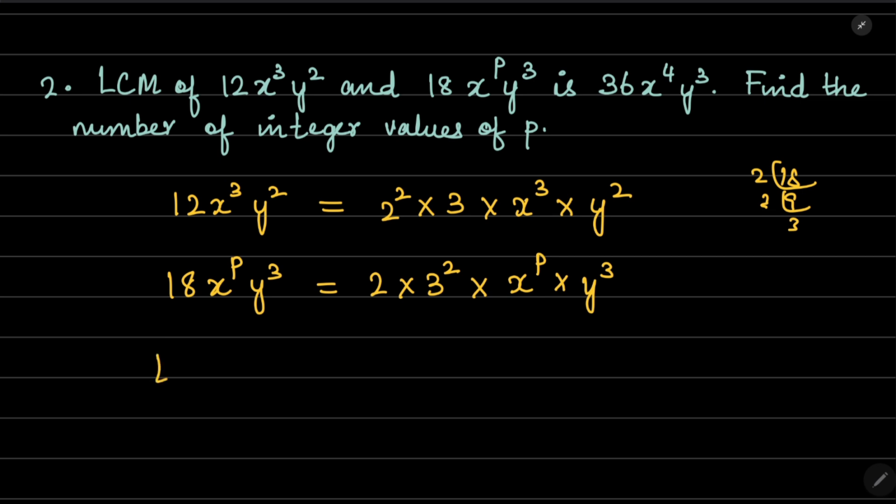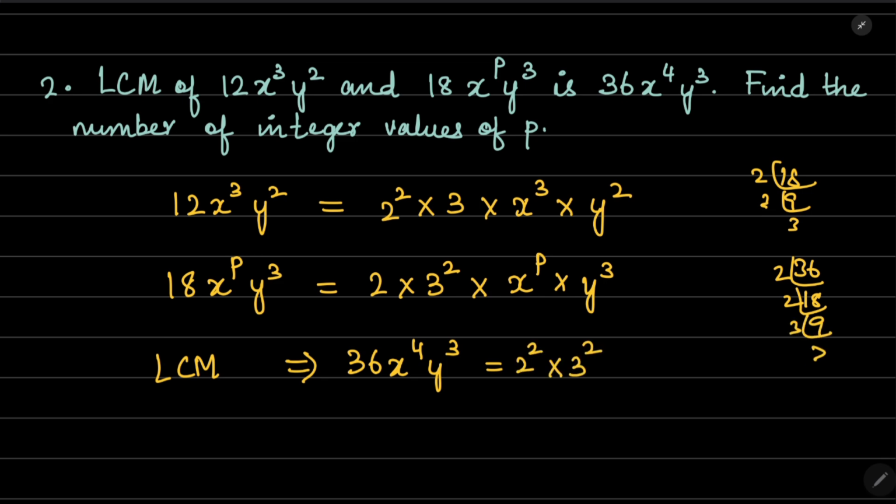So the LCM of these two is given to be 36x to the power 4 y cube. So 36, let's do the prime factorization. 18, 2, 9 and then 3, 3. So it is 2 square multiplied by 3 square multiplied by x to the power 4 multiplied by y cube.